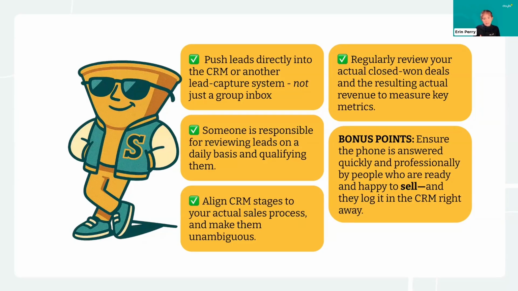Number three, we talked about this. Align your CRM stages to your actual sales process and make the stages as clear as possible. Re-review this at least annually because processes change, they evolve. It's a good point to come back to and say, okay, does this still work for us and our customers, or is the reality looking different, or does the reality need to look different?